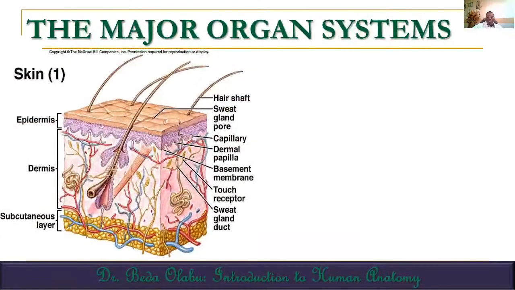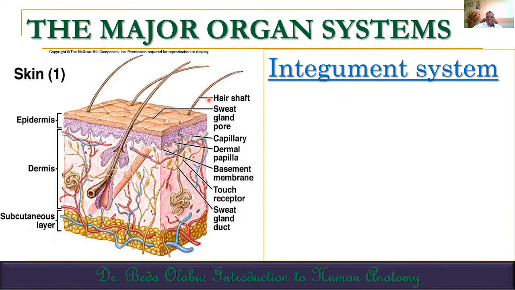The last system I want us to talk about is the integument system. The integument system is basically the system referring to skin and its appendages. The skin is important for protection.